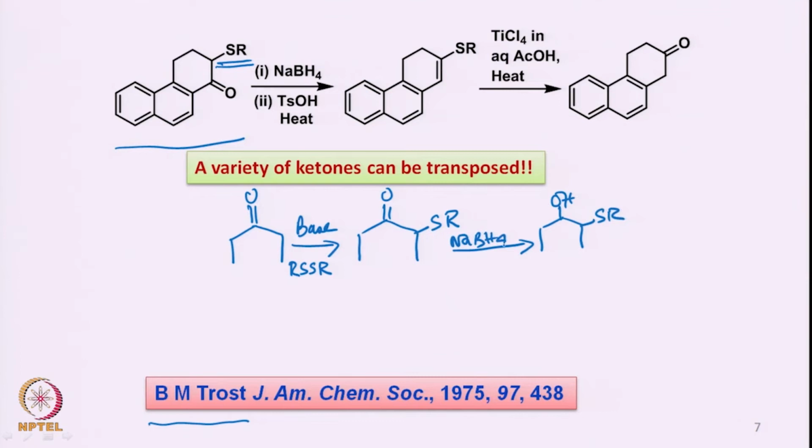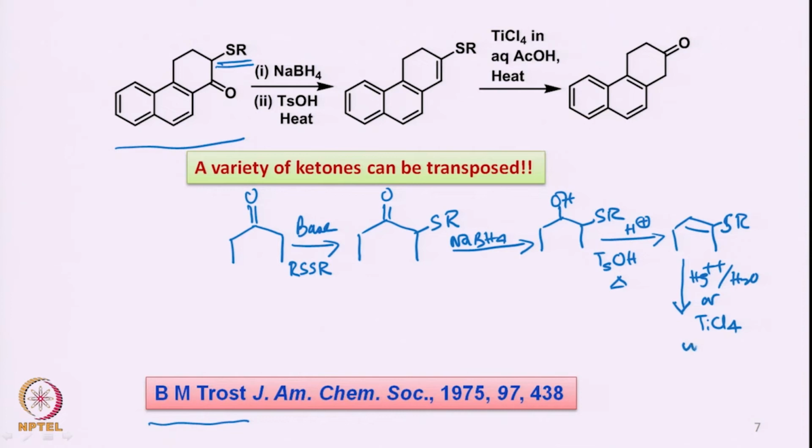and then you can eliminate it in terms of dehydration by, say, tosic acid, paratoluene sulfonic acid, and you heat it. So this elimination will give you this vinyl SR, and once this is formed, one can also do hydrolysis either by Hg++ and water, or as shown above, TiCl4 in acetic acid.